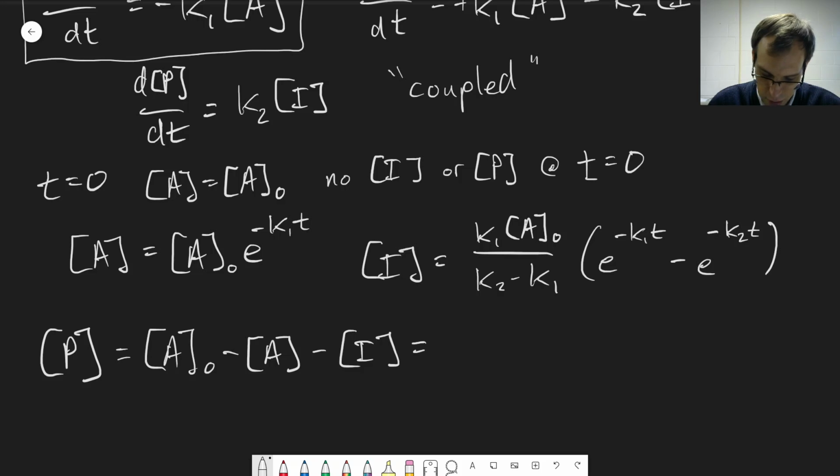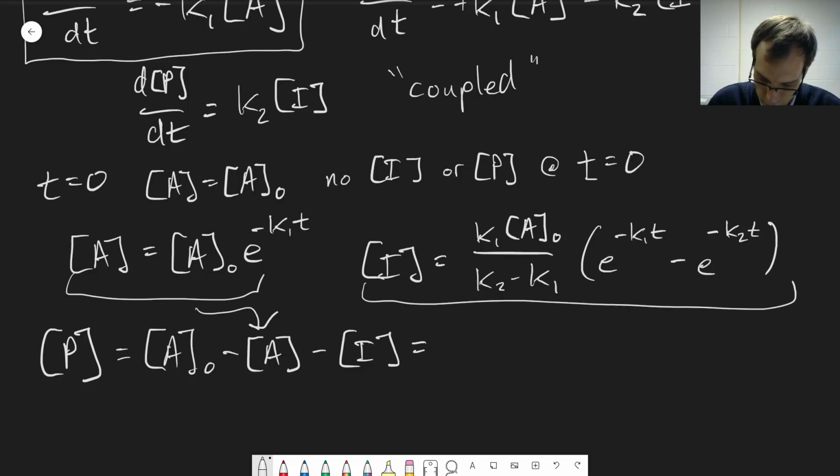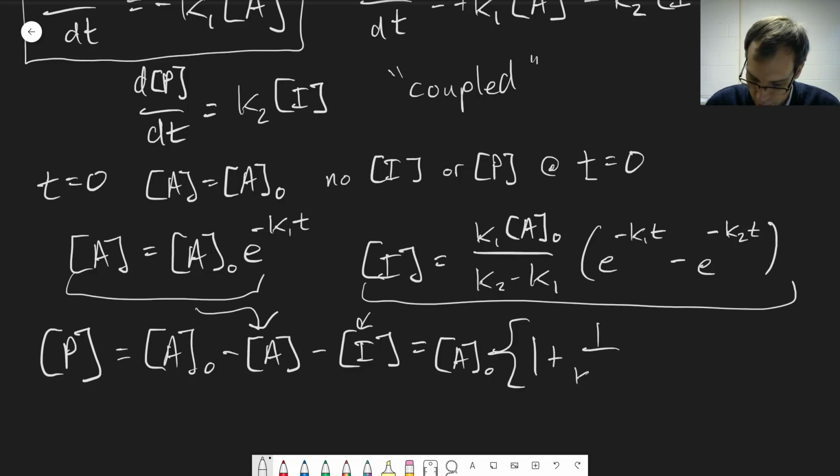So we can just plug in these equations here, the equation for A and the equation for I, and after we simplify, we get A naught times 1 plus 1 over k1 minus k2, times k2 e to the minus k1 t minus k1 e to the minus k2 t.